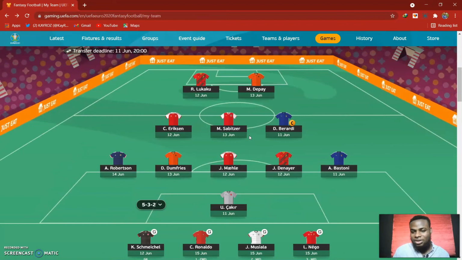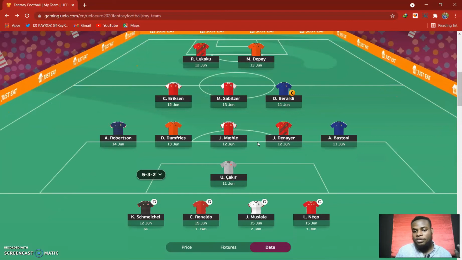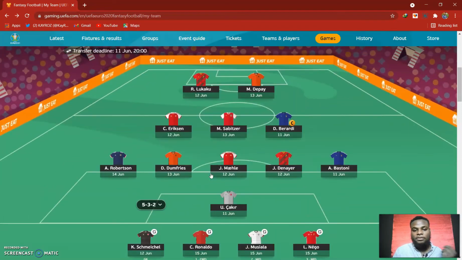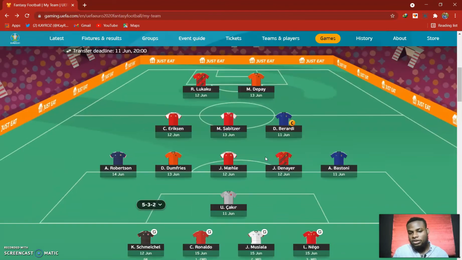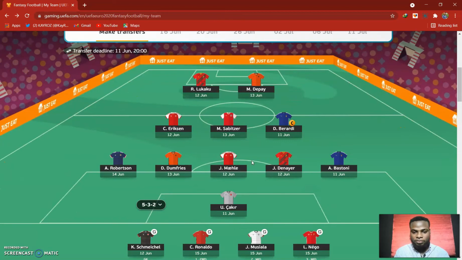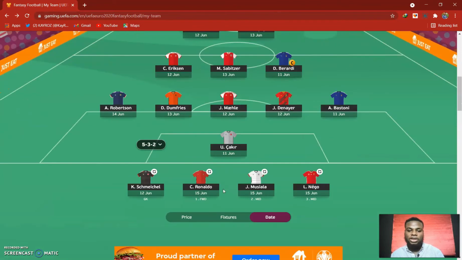So I can, like I said, bring in French players, English players who have a much easier game at that point in time and avoid having to play Ronaldo or some German players who have a tougher fixture on match day 2.